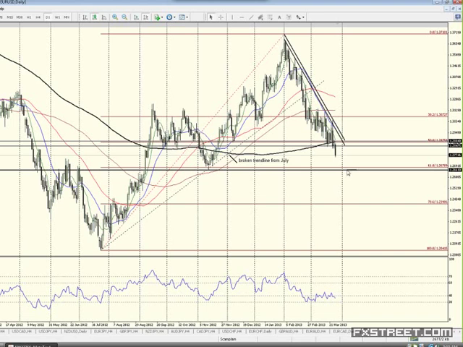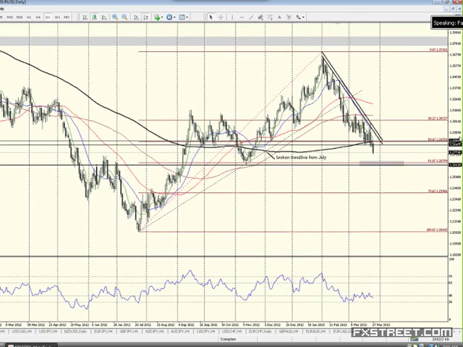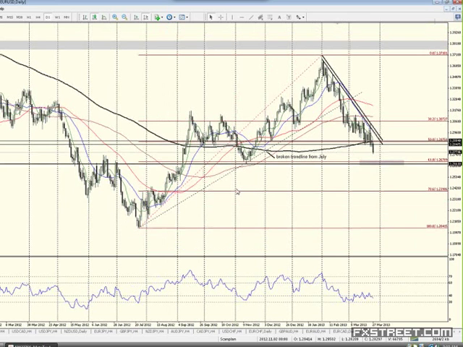Now, if this breaks, then this retracement is probably not just a retracement, right? If this breaks, we could be in a pretty major bear trend, in my opinion. It would signify that we have a failure of holding higher lows.